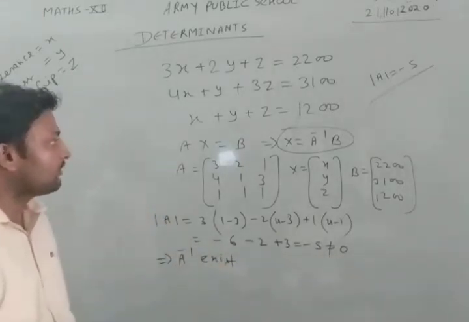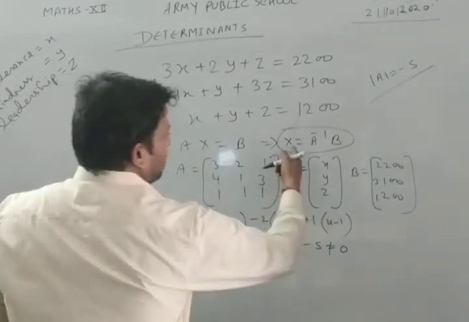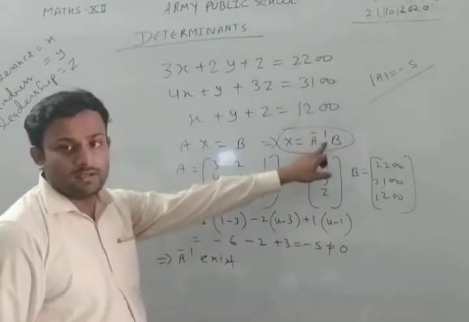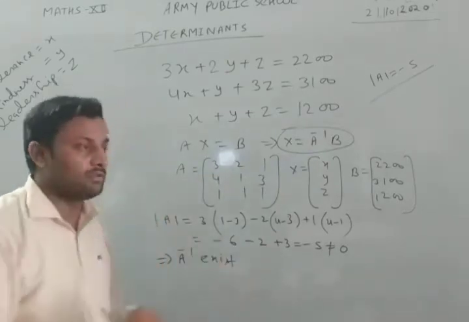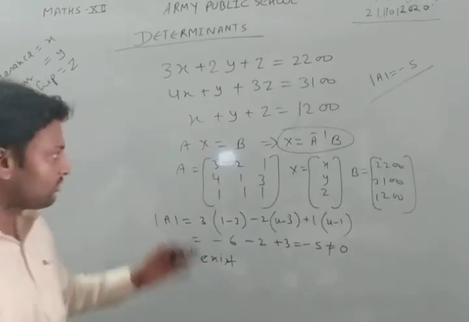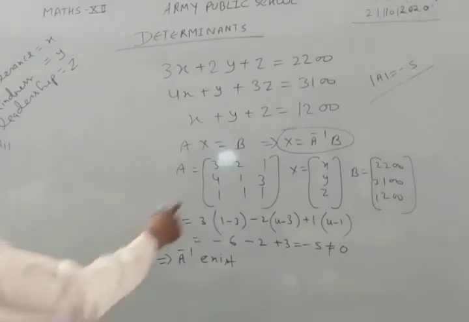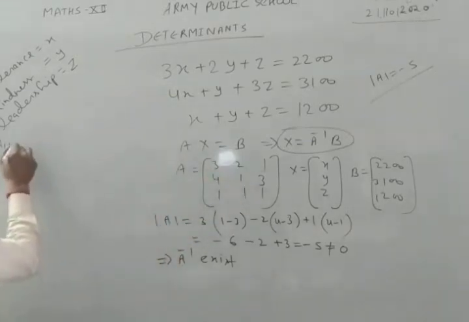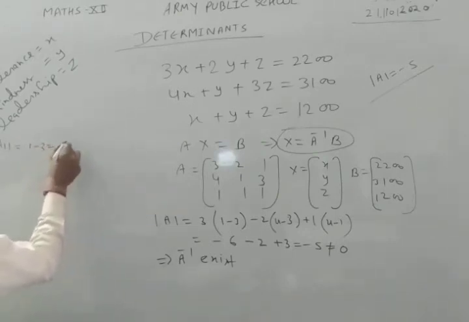Now we will find A inverse. For A inverse, we will calculate the adjoint of A. For finding the adjoint of A, we first have to calculate the cofactors. So we'll write the cofactors first. A11 is, cancelling this row and column, 1 minus 3, which is minus 2.